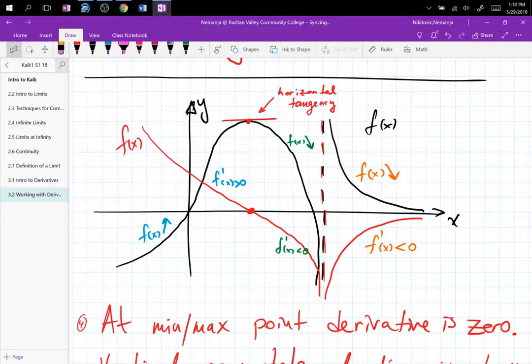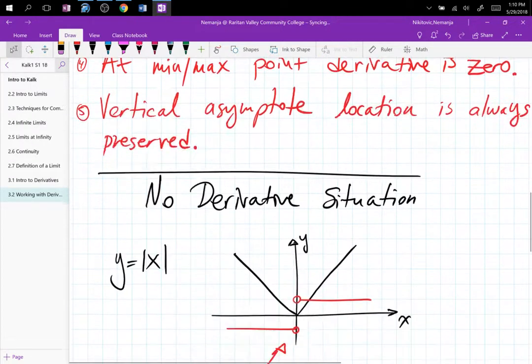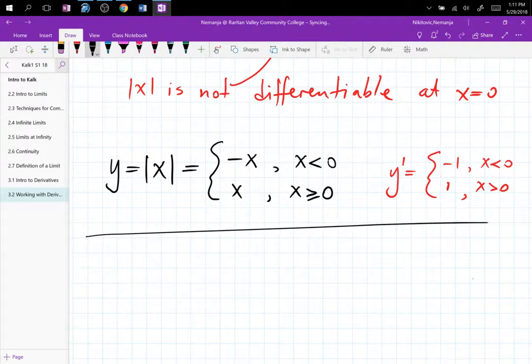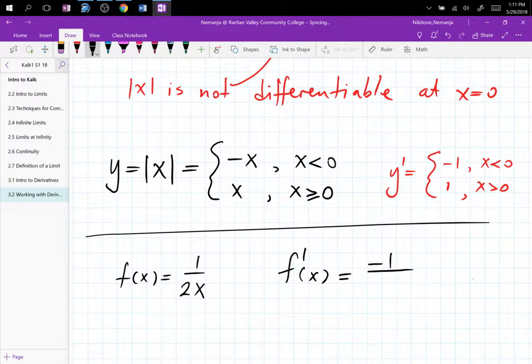Now I want to connect that back to the idea when we had the vertical asymptote preserved talk, when our f of x was 1 over 2x and our f prime of x was -1 over 2x squared.